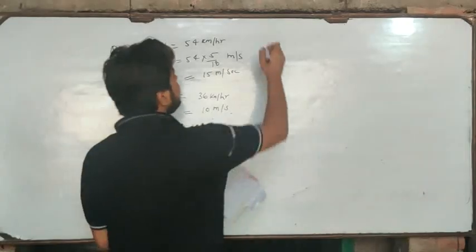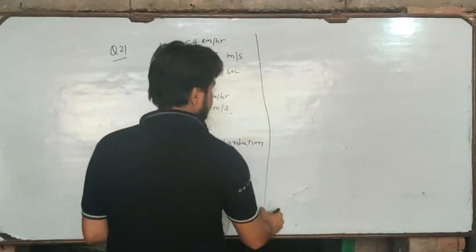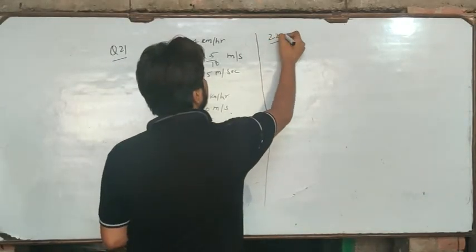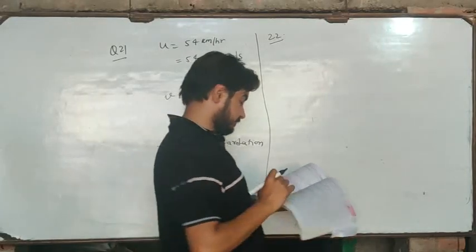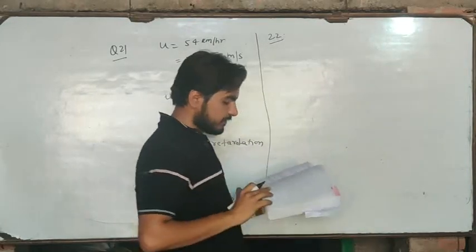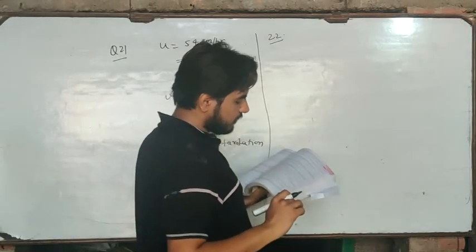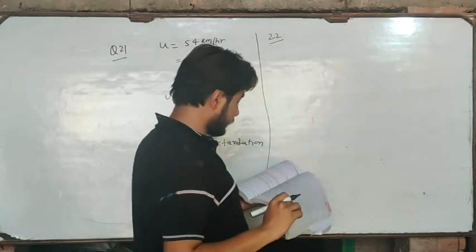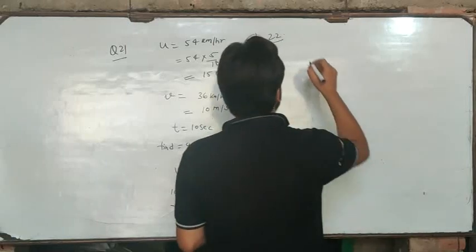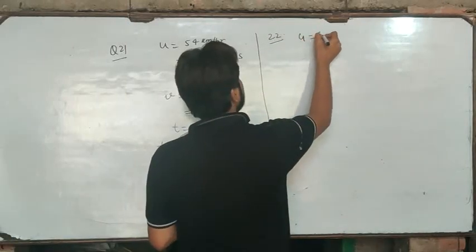Question number 22. A train starts from rest, accelerated uniformly at the rate of 5 meter per second square for 5 seconds. Calculate the velocity of the train after 5 seconds. u is equal to 0.